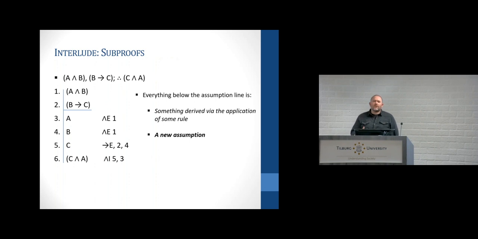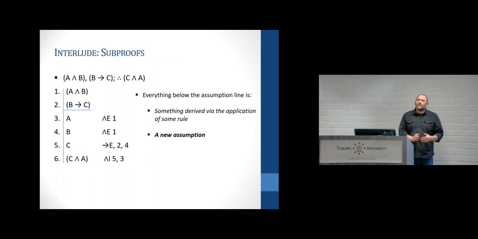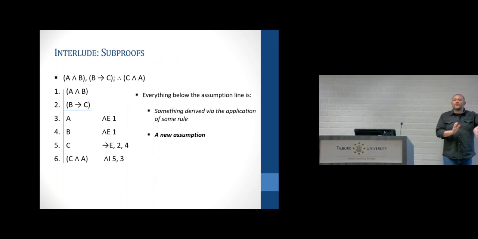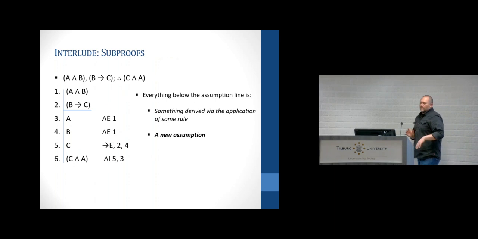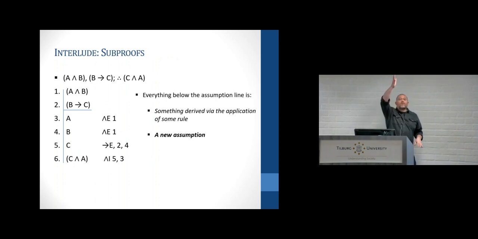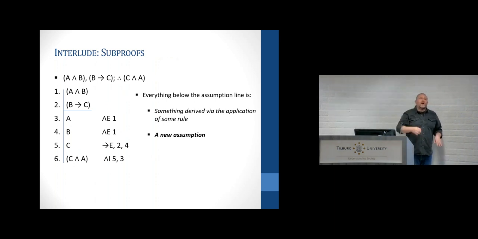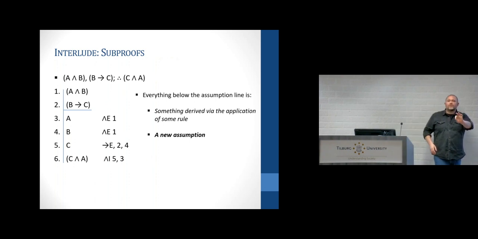Well, what was I talking about with a new assumption? The idea is that when you're doing a proof, you can, if you like, open a proof inside the proof. So the thought is, we've got our opening assumptions, and then we'd say, if this other thing was also true, then we're going to get some more.